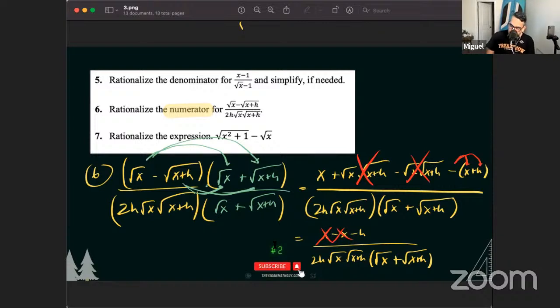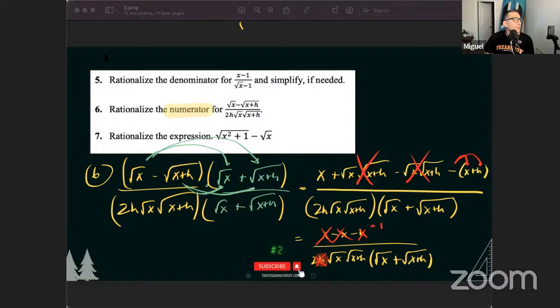Now, just for the sake of having some space here, I have the negative h on top by itself. Hopefully you can see that h that I have there on the bottom that I've highlighted. Guess what? We can cancel that out. So then I'm just left with a -1 on top, and then the h has gone away on the bottom. Okay, I'm going to try to annotate here.